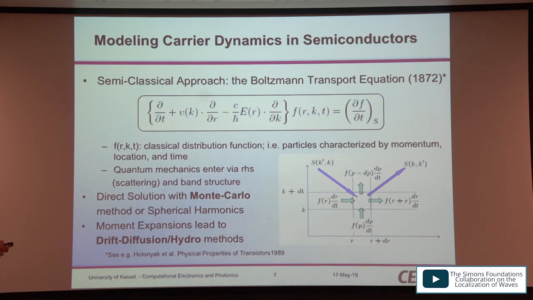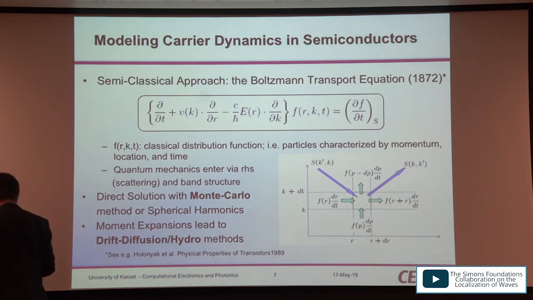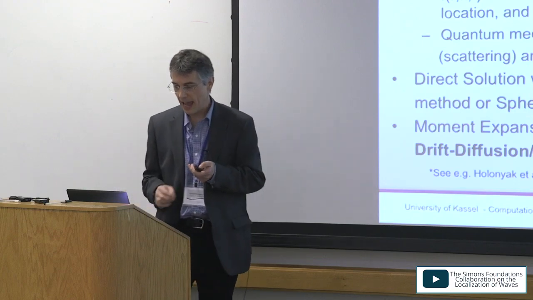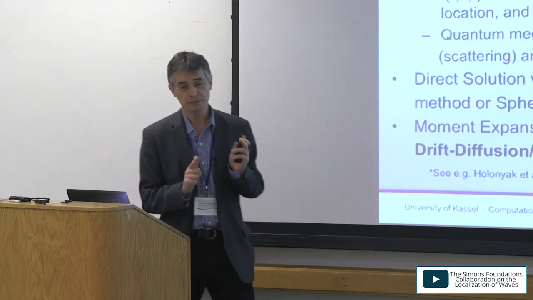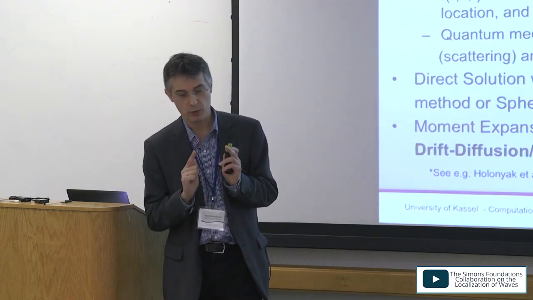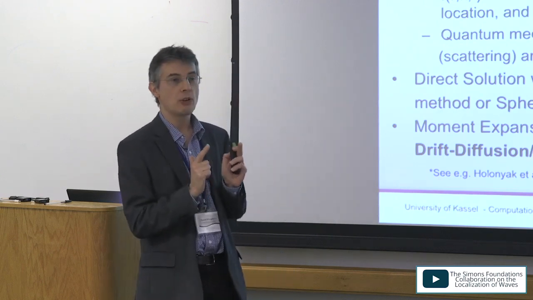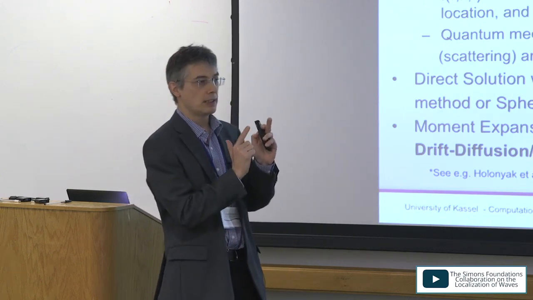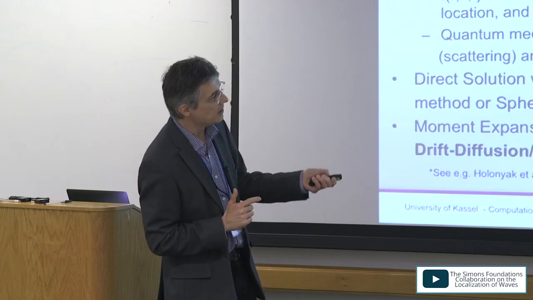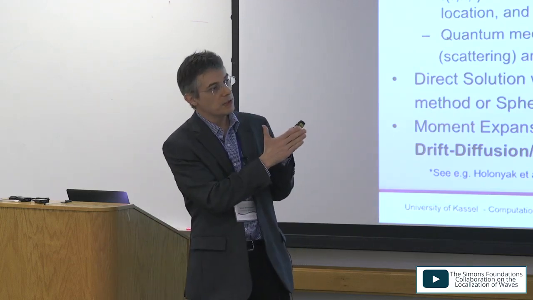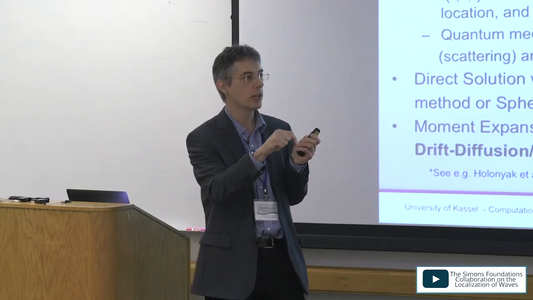Now, a simpler method is if we expand these moments to low order in energy or in K. And then we can derive the drift diffusion or the hydrodynamic models. However, the approximation we make is really that the carriers are in equilibrium. So the carriers, once they're excited in phase space, need the mean free path in order to relax to equilibrium.